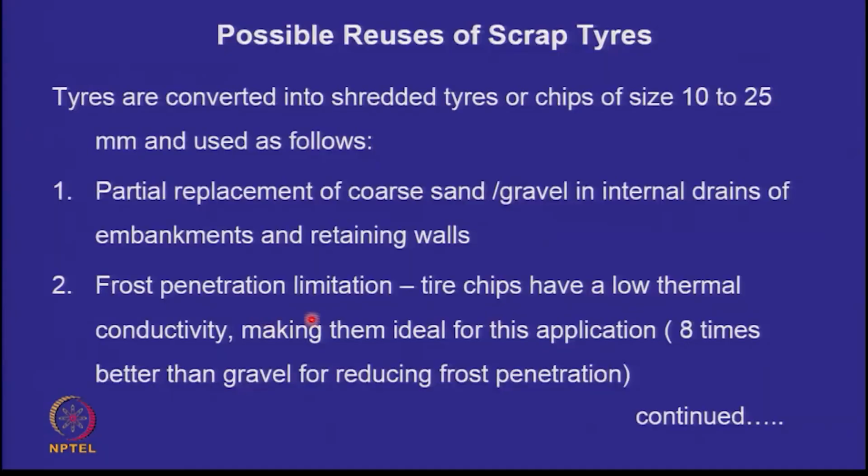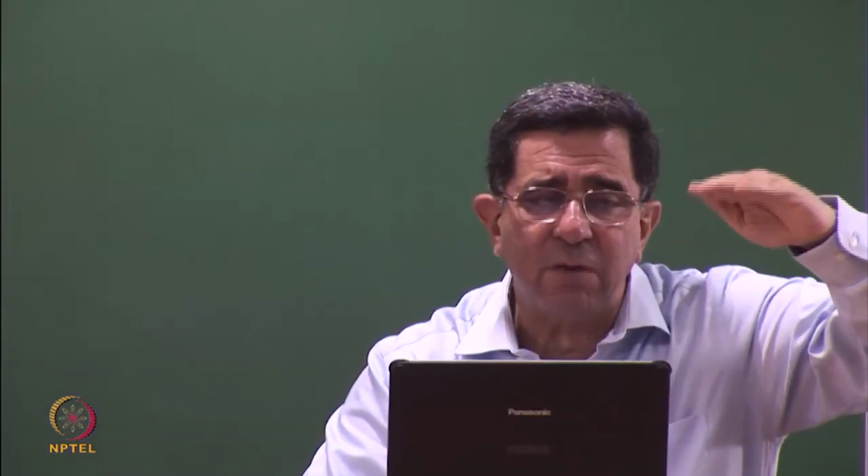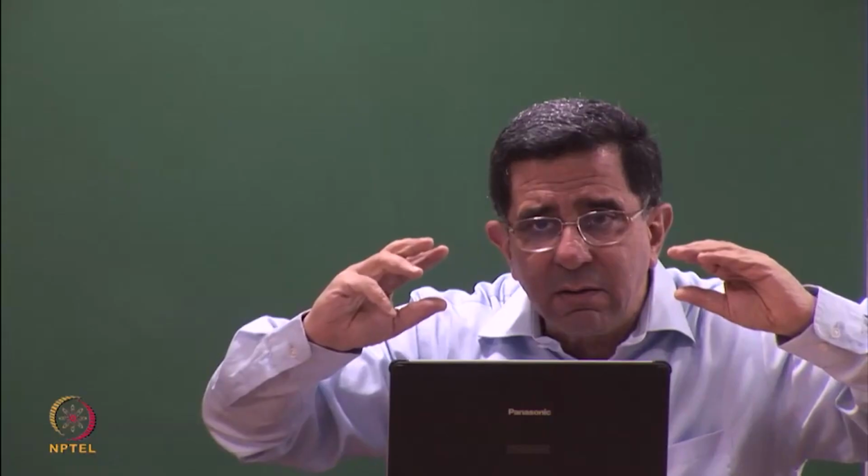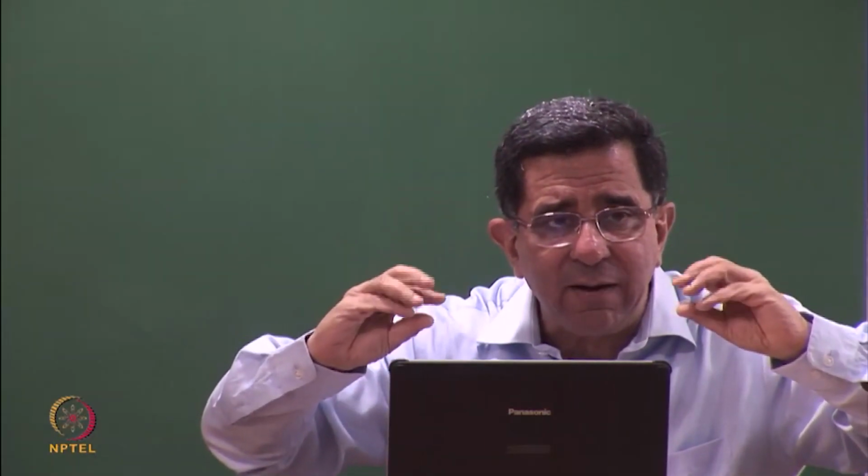In cold countries, one of the problems is that when you have snow, then the tendency is for the freezing to be above the ground also and below the ground. When there is freezing below the ground, what happens? If there is water, it will turn into ice, and as a consequence it will expand.